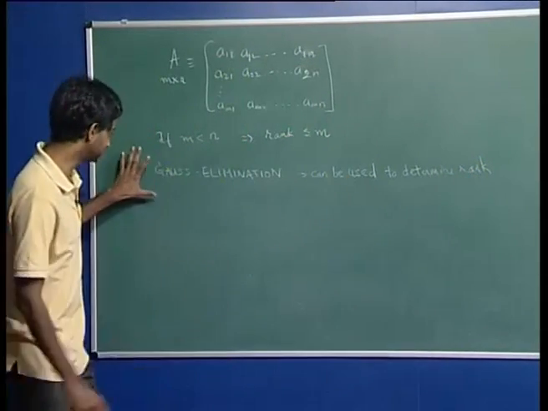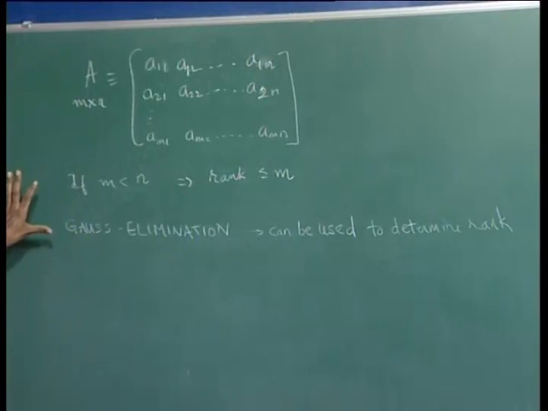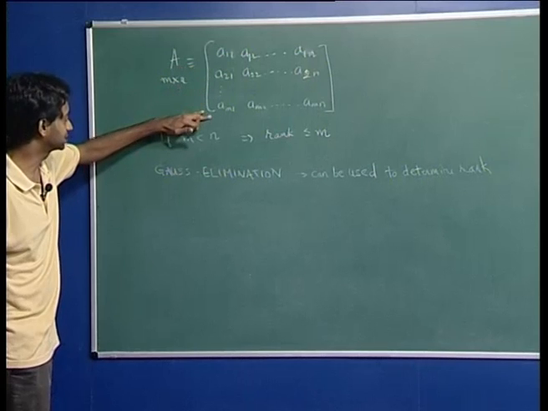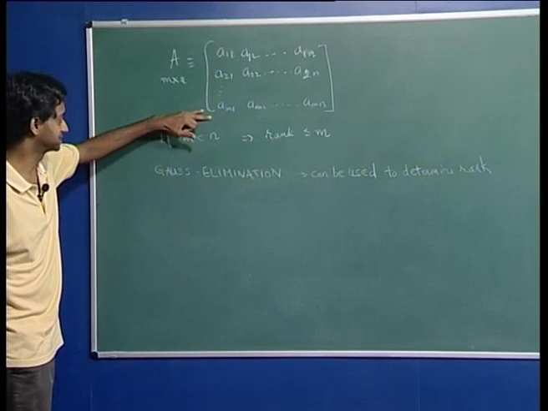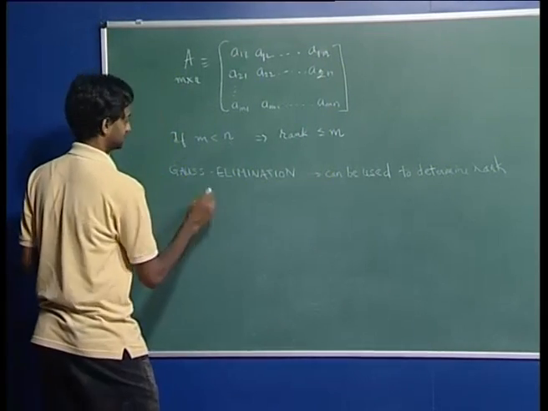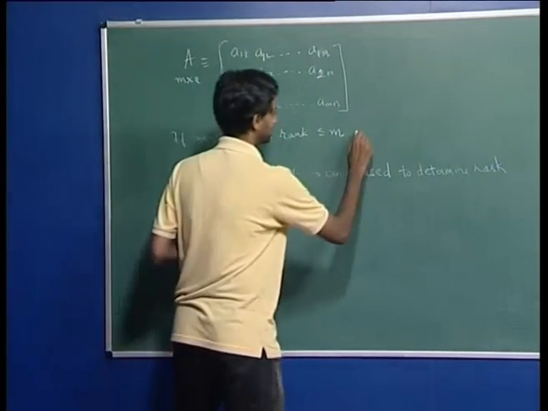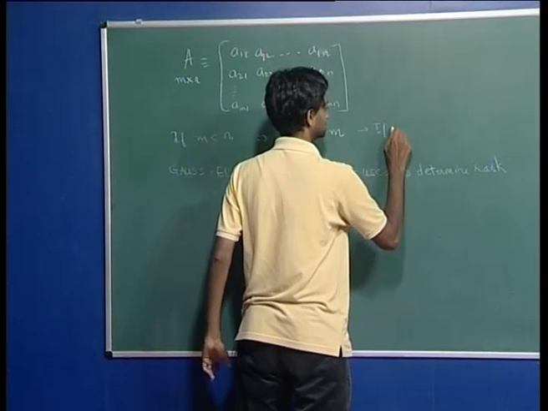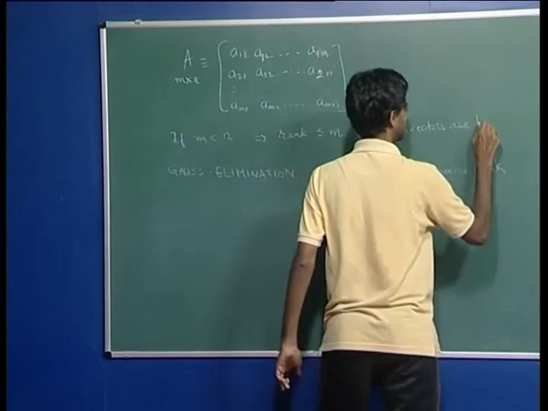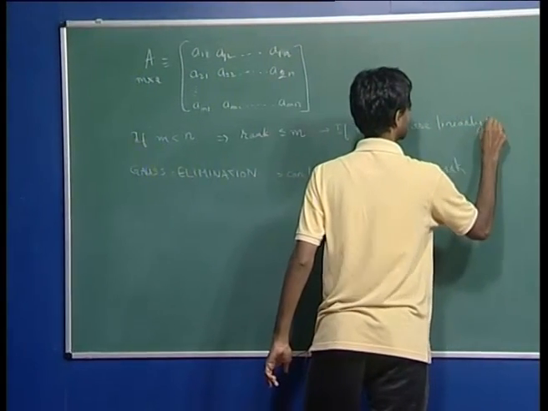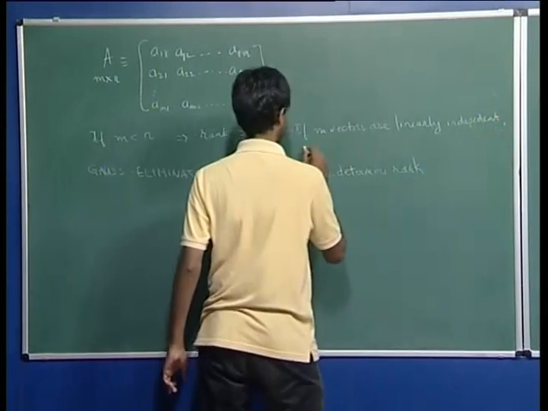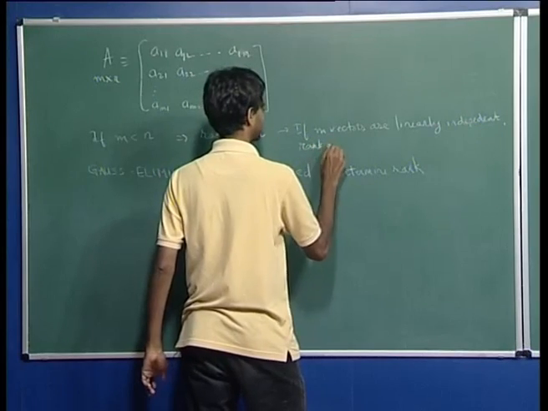The reason for using Gauss elimination, we will discuss in the next lecture, but the reason is that suppose you take all these vectors and you look for linear independence. If all m vectors are linearly independent, okay, then rank equal to m.